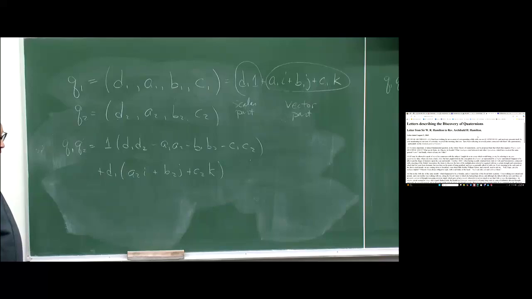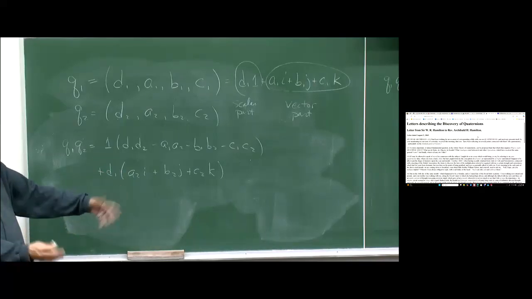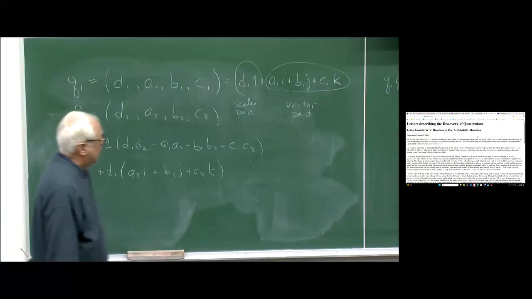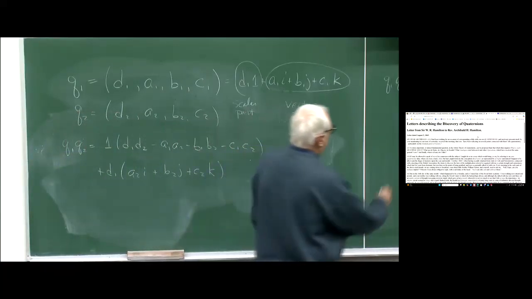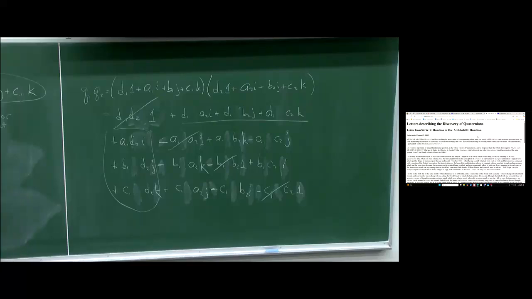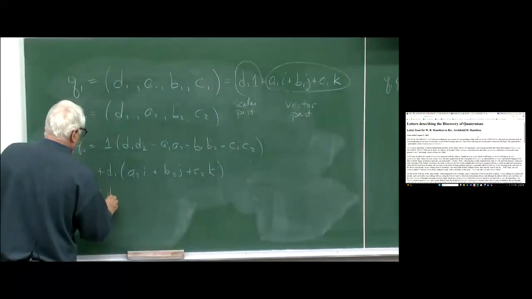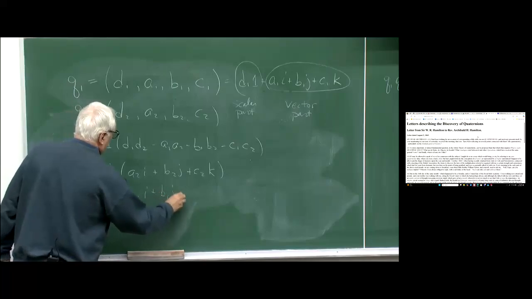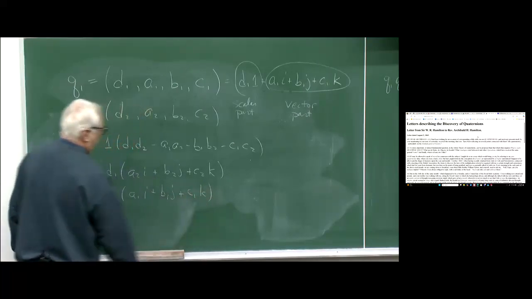Because at first you would have said, well, how come I don't group all the stuff with i? And yeah, you could. But that took care of those terms. I'm going to take these terms next. So I'm going to go plus D2 times A1i plus B1j plus C1k.